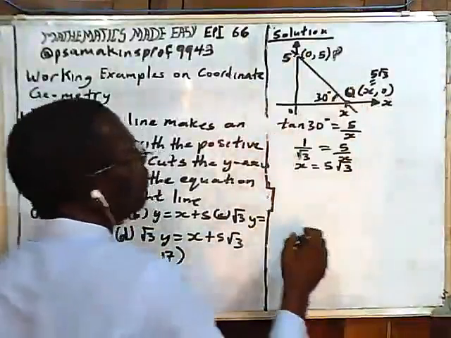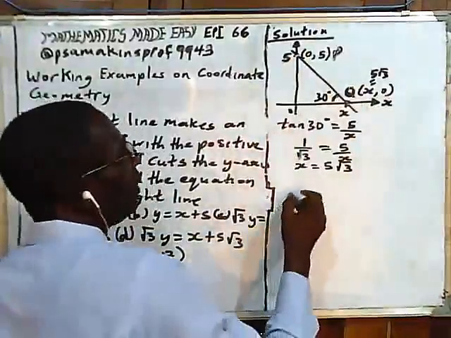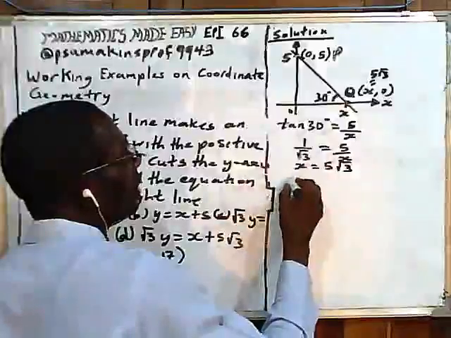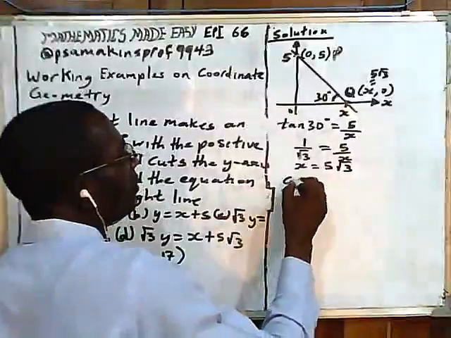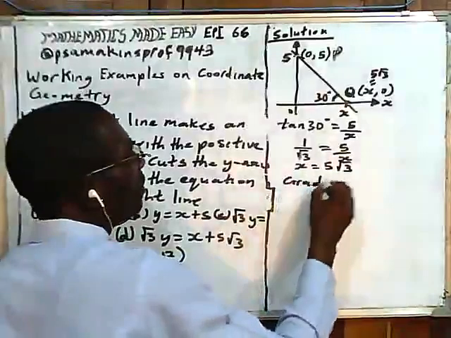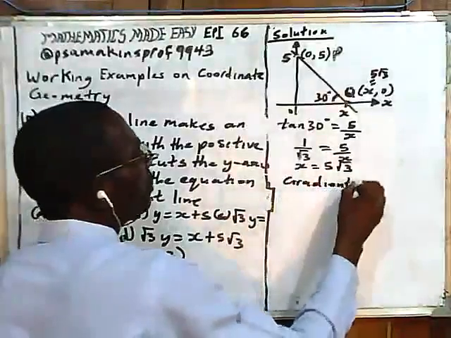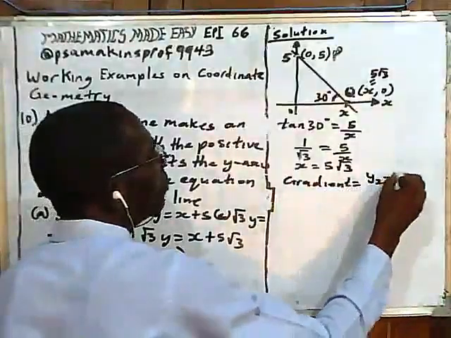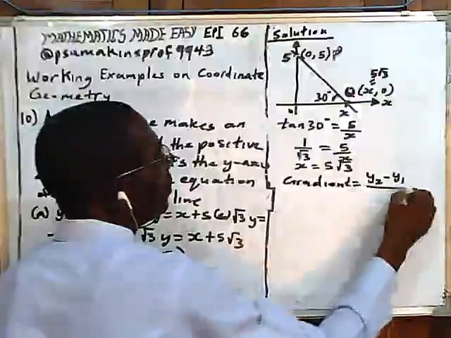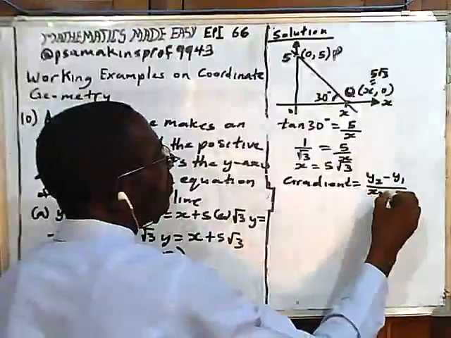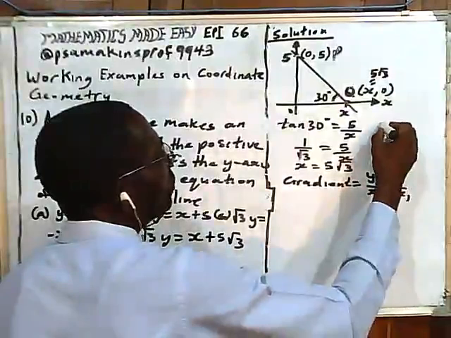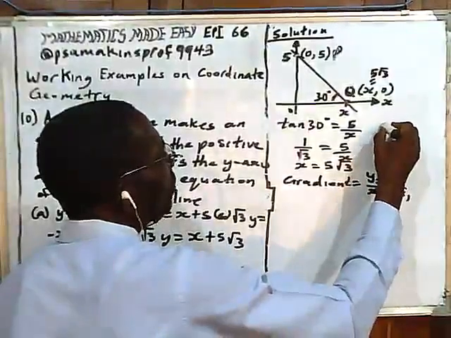Now we are going to look at the gradient m. For us to get the gradient, we say that gradient is equal to y2 minus y1 over x2 minus x1. What are the various values we are looking at?